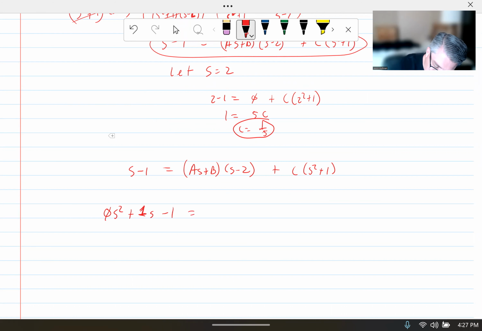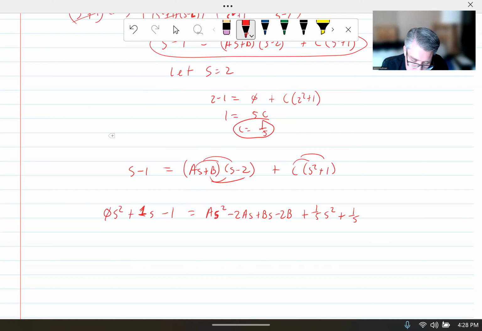This equals, okay, distribute. I'm going to get A s squared minus 2As, distribute B, plus Bs minus 2B, plus C. Well, we know what C is. C is 1/5, so maybe we'll just plug that in. So distribute 1/5, I get 1/5 s squared plus 1/5.